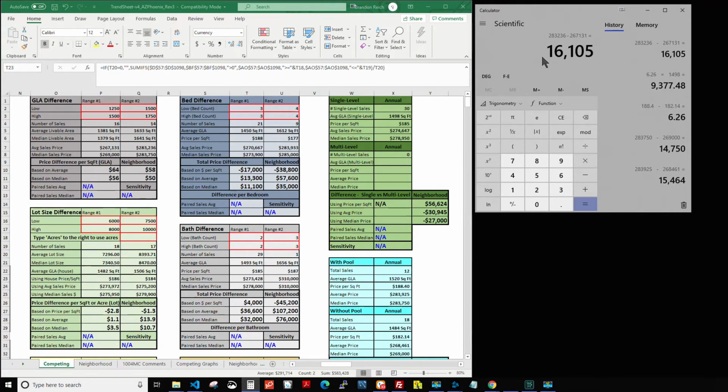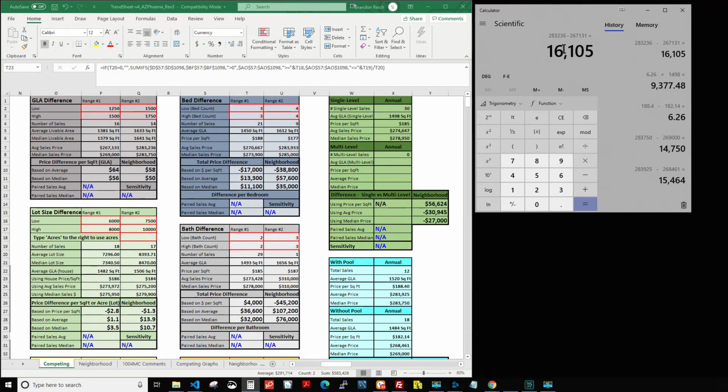And that gives us $16,105. So essentially, that $16,105 is the value difference between this group and this group. Now that accounts for some certain number of square feet of GLA, and so now we just have to find out what that is.